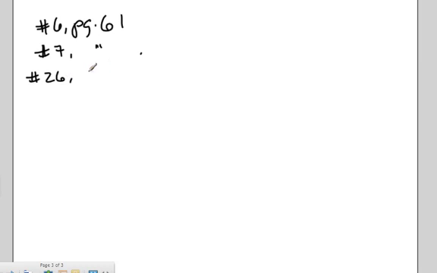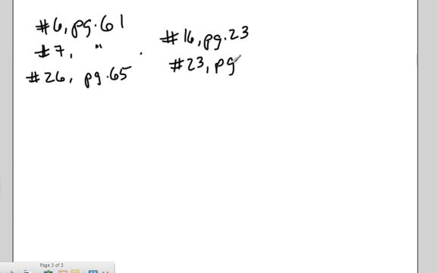Now, I have put 2 questions in an announcement, I believe, and changed the quiz calendar. And those are numbers 16 on page 23 and number 23 on page, those page numbers don't make any sense. Hold on. It's all from the same section, so the page numbers should be consistent.